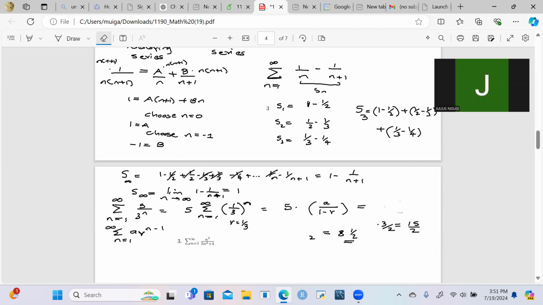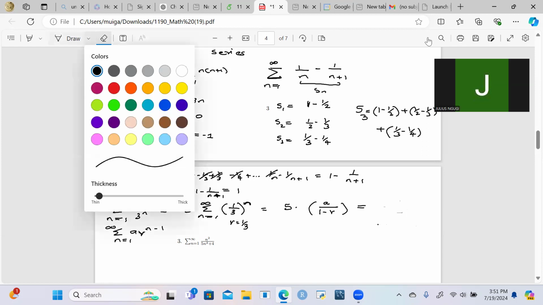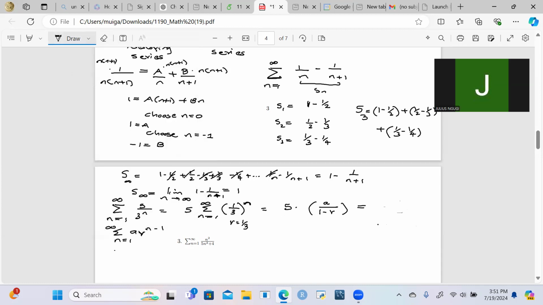For me to use that formula of a over 1 minus r, I need to have a r to the n minus 1. Let me create more space for that matter. Let me erase this.